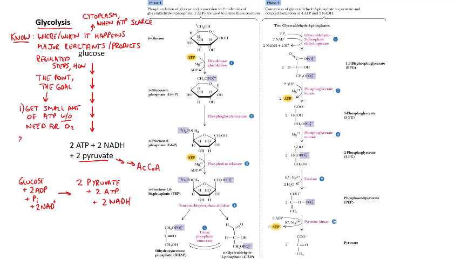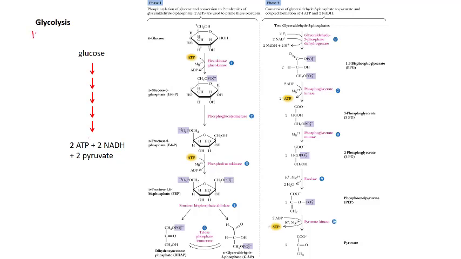But assuming oxygen is present, the more important goal for glycolysis is to generate pyruvate, which can be used to make acetyl-CoA and further energy, or it can be used as a biosynthetic precursor of various other molecules.